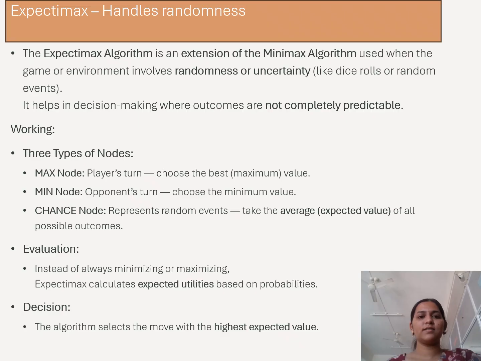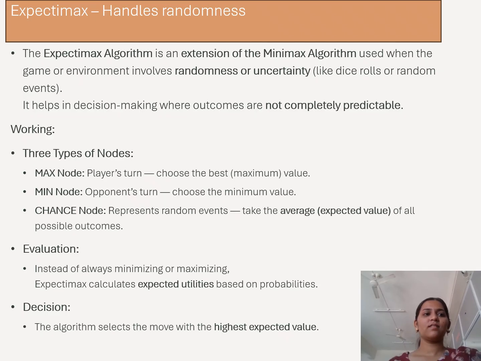Next is Expectimax, which handles randomness. The Expectimax algorithm is an extension of the minimax algorithm used when the game or environment involves randomness and uncertainty. It helps in decision making where the outcome is not completely predictable.